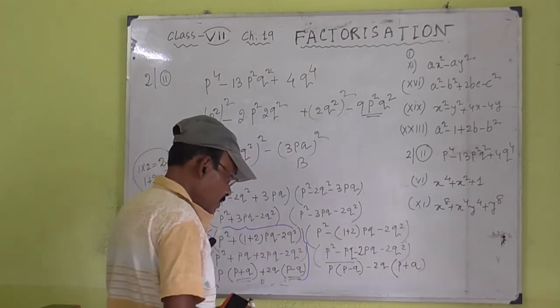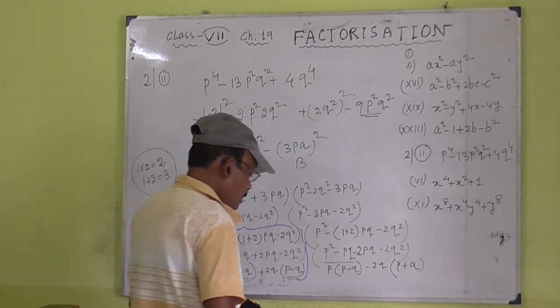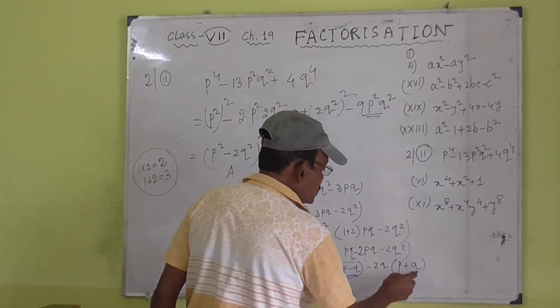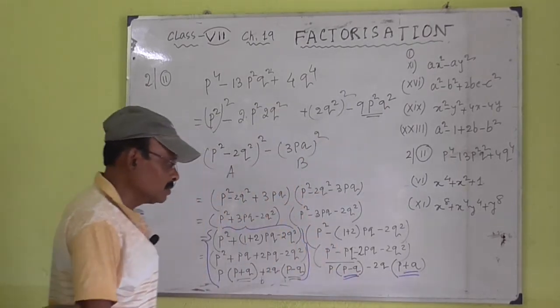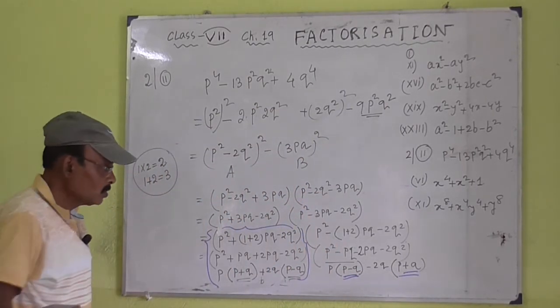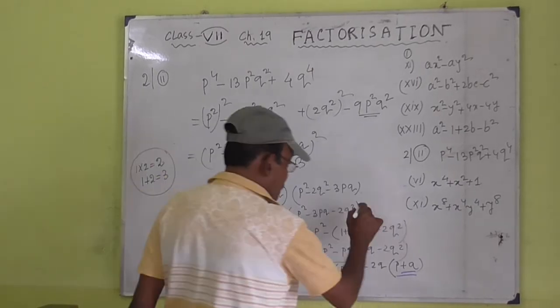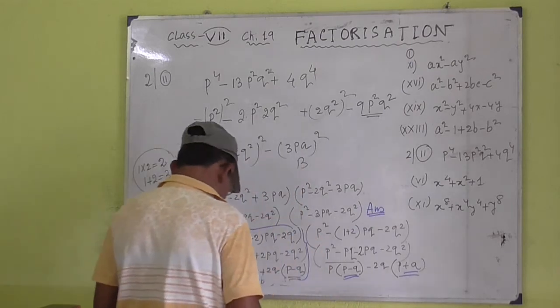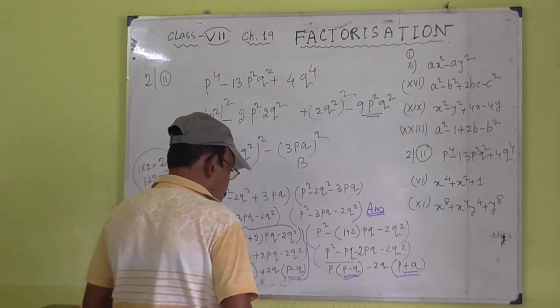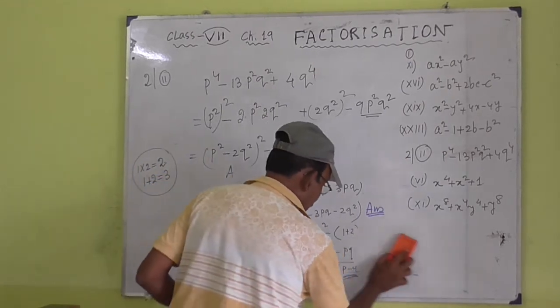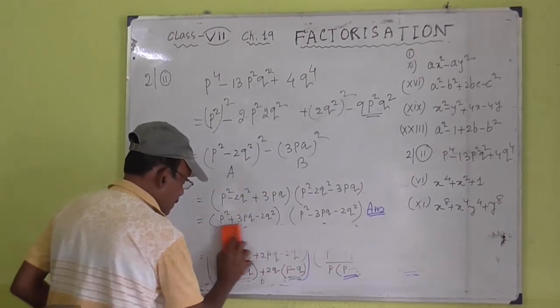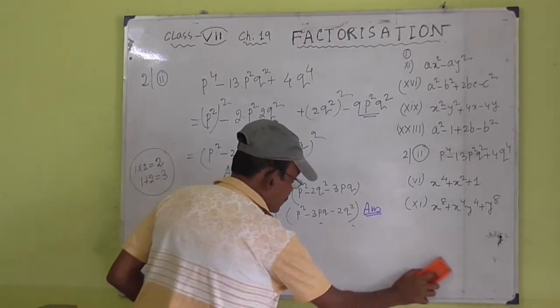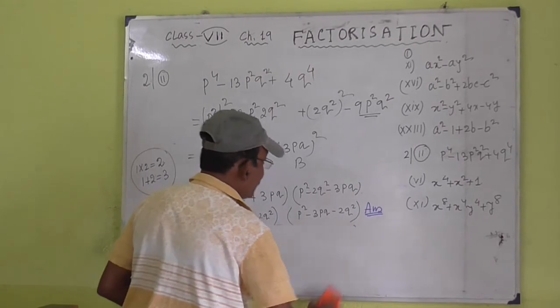Here p minus q and it is p plus q. This is not same. So, the answer will be this step. We left this step. Okay. This is the final answer.